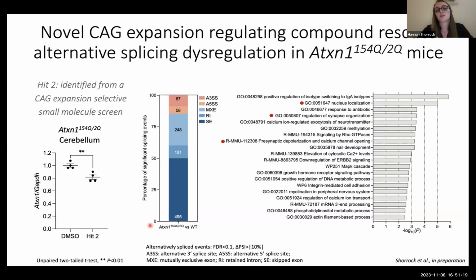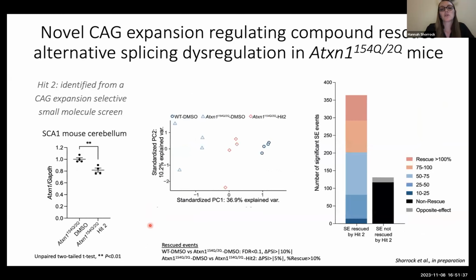We saw dysregulation of skipped exon events here. And again, these were occurring in disease-relevant pathways. So we saw terms such as nuclear localization, regulation of synapse organization, and presynaptic depolarization and calcium channel opening, for example, as disease-relevant terms that came out of this analysis.